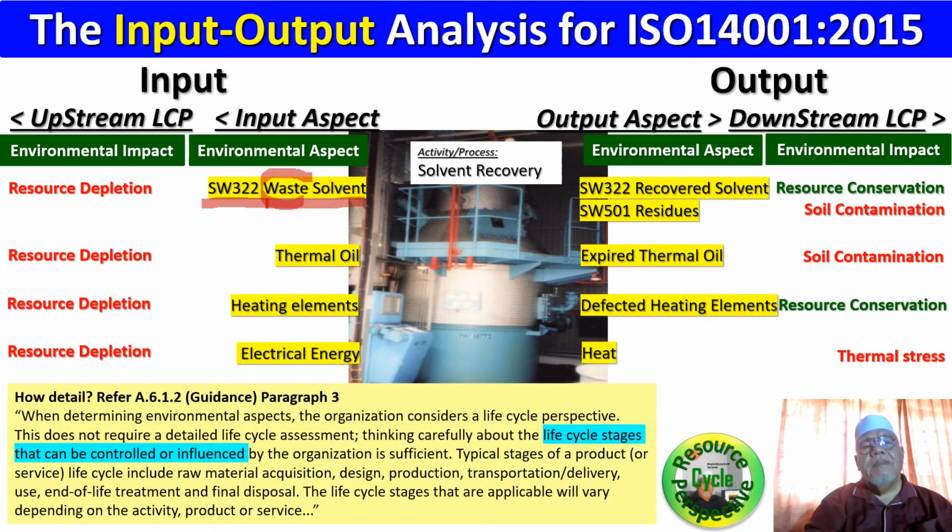In Malaysia, it is scheduled waste, SW322. It is a waste. When the word waste comes up, what comes to our mind is that it is an output, right? Correct. It is an output from the production process as waste solvent.